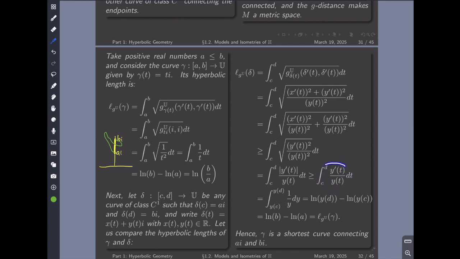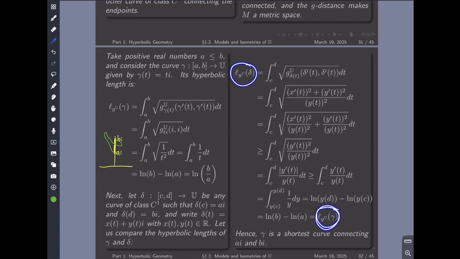Okay, and then this is a substitution. I make the substitution, and it gives me the logarithm of b minus the logarithm of a, which is exactly the length of gamma. So indeed, my first curve is shorter than the other one.